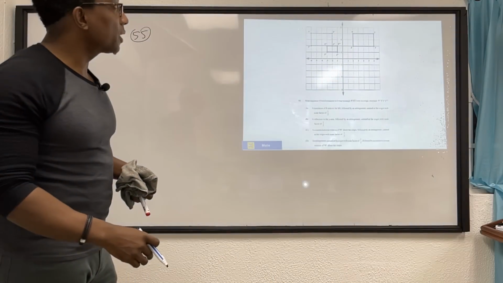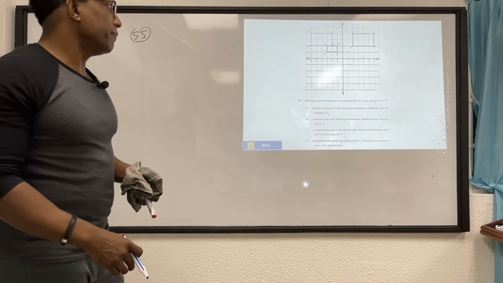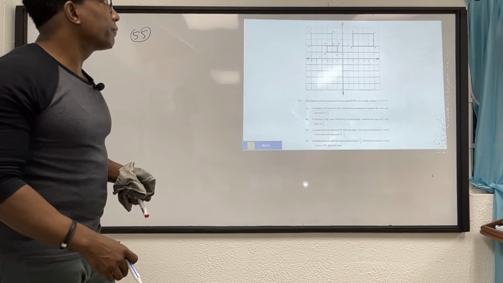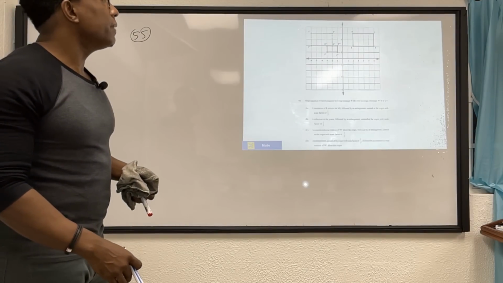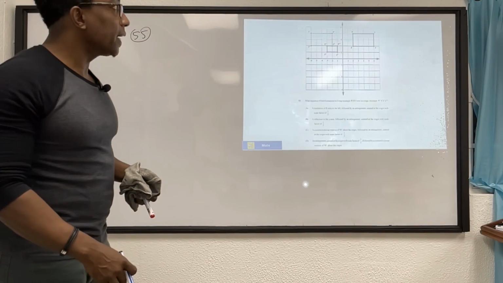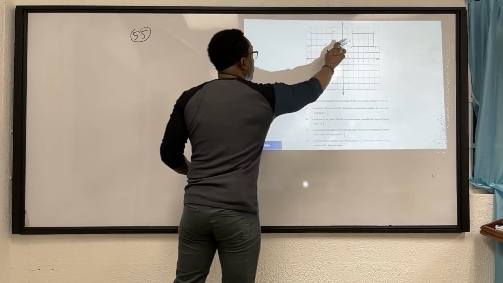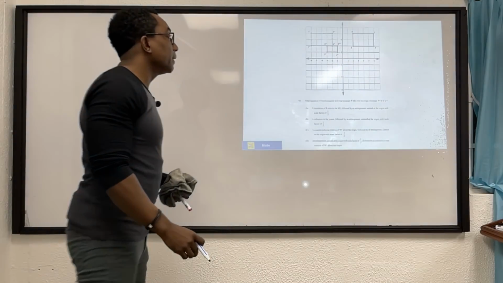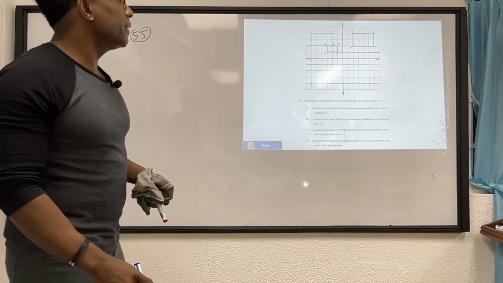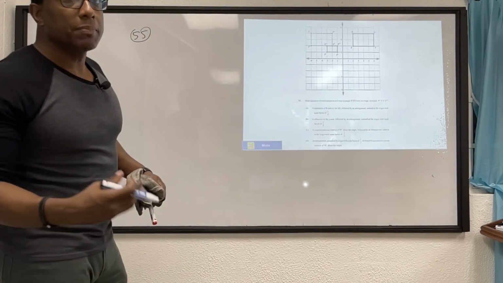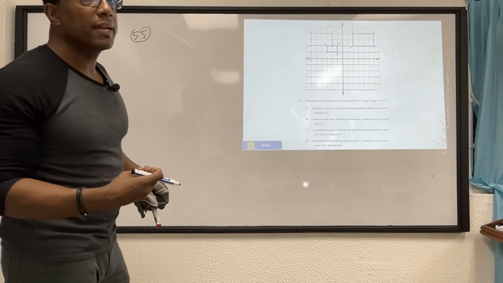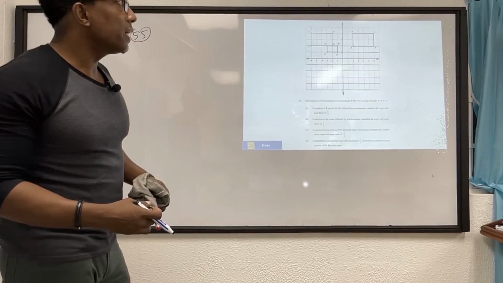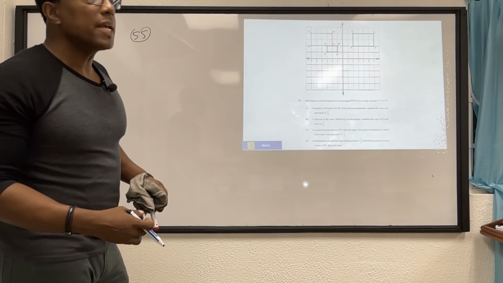And to move from W prime, X prime, Y prime, Z prime to W double prime, X double prime, Y double prime, Z double prime, there is an enlargement, and when you identify an enlargement, you have to include the scale factor and the center of enlargement.